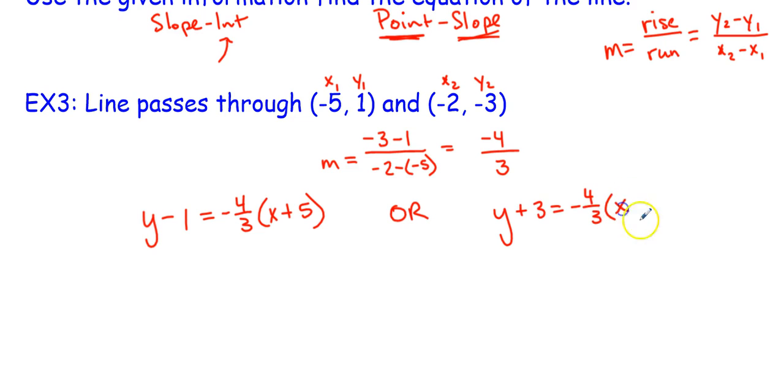And it's always the slope times the quantity x minus the x value of the point. So minus a -2 turns into a +2. And if we were to expand these, they actually are the exact same equation. If we want to put them in slope-intercept form, those are the exact same equation of this line.